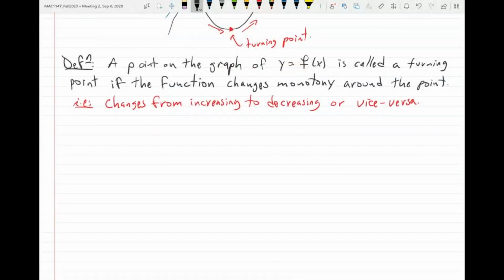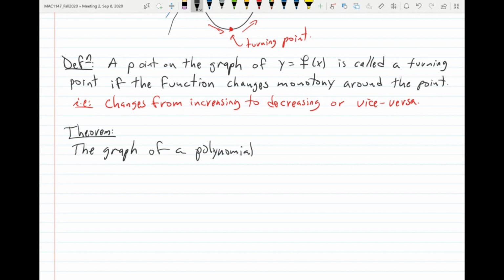Good. So theorem. Again, to justify this theorem, well, you need calculus, okay? So the graph of a polynomial function of degree n has, and this is important, at most, okay? So that means no more than, okay? At most n minus 1 turning points.